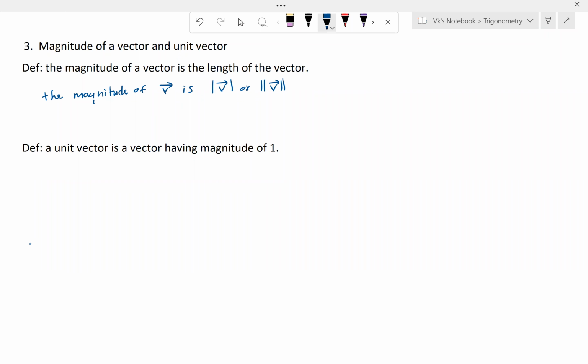We call it the norm of v. And it is defined as the square root of a squared plus b squared plus c squared. Just how long the vector v is. If we take the vector v to be OP, then the distance from a point to the origin is exactly the square root of a squared plus b squared plus c squared.